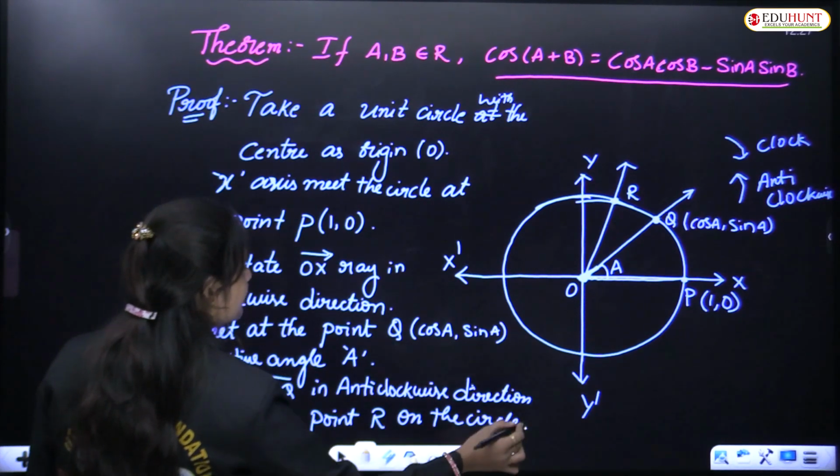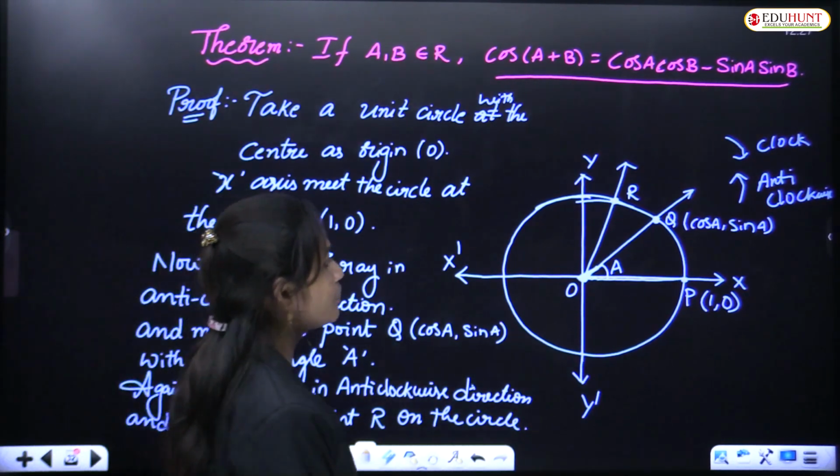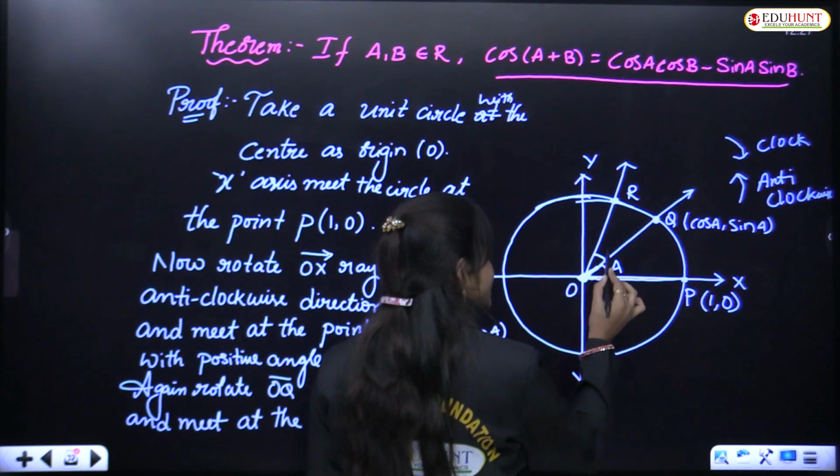So what are the coordinates of R here? Here another positive angle is B.